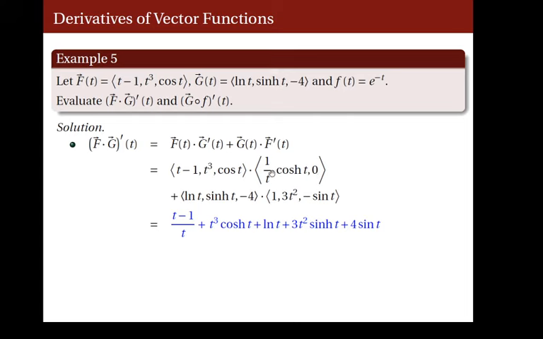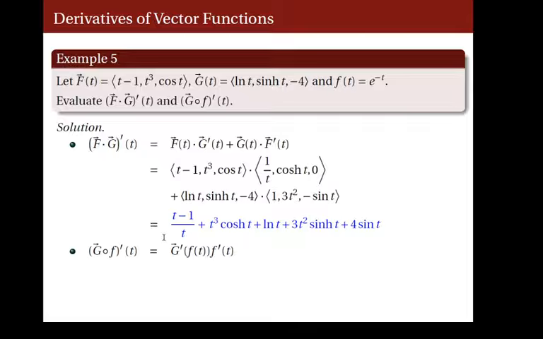Then we add this to the dot product of the other two vectors: ln of t times 1, which is ln of t, and sinh of t times 3t squared, which gives 3t squared sinh of t, and finally negative 4 times negative sine of t, which gives 4 sine of t. So the derivative of the dot product of f and g is this blue function here.